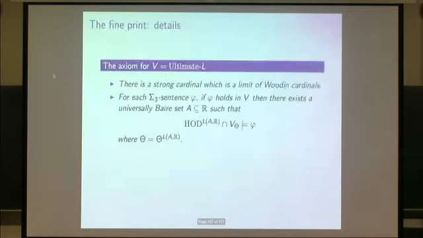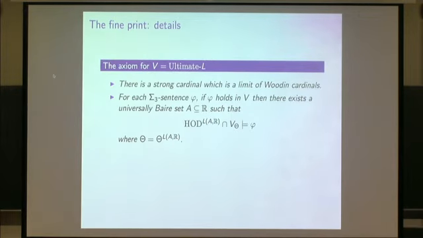Okay, now the fine print. I just want to show you that it's not some 20-page axiom. It's an axiom that can be defined in a first-year graduate course. And some of these notions I've already mentioned. There's strong cardinal, there's Woodin. This is a notion in the Levy hierarchy. And it just says that if a certain kind of sentence holds, then there's a universally Baire set such that the sentence reflects to something.